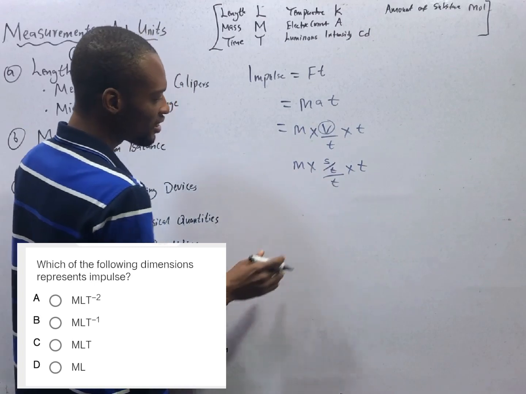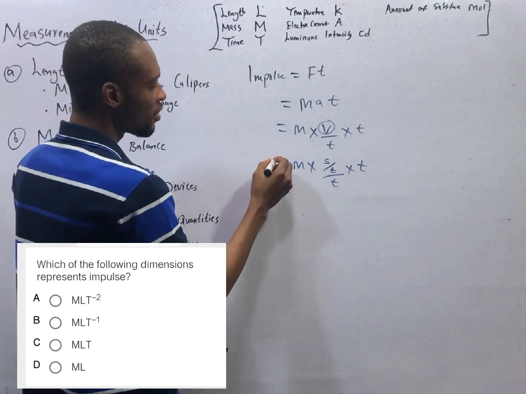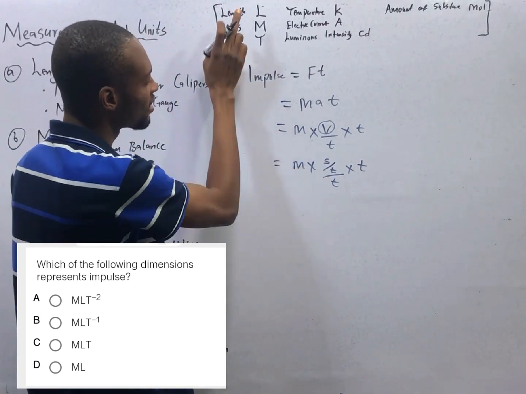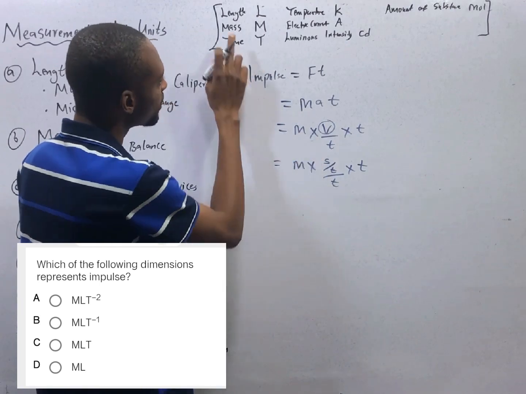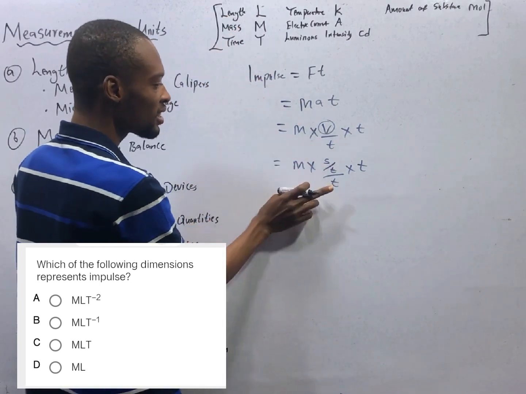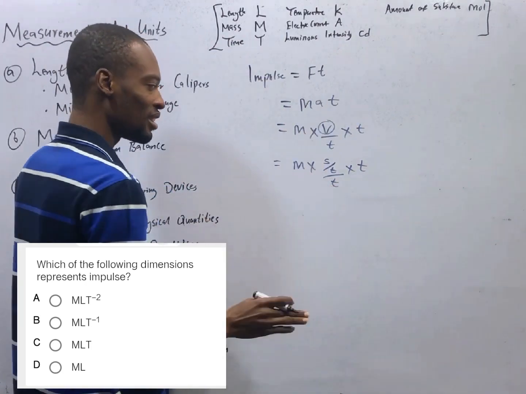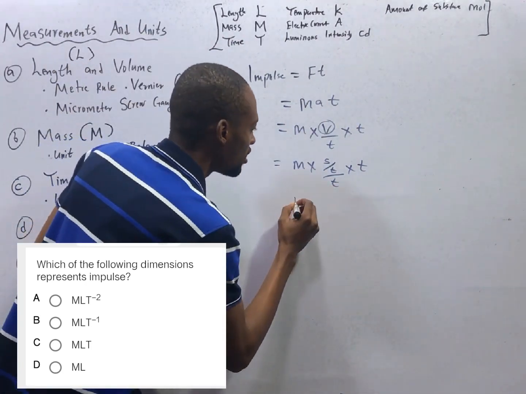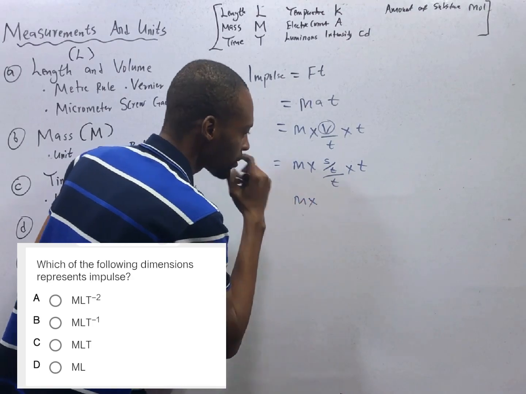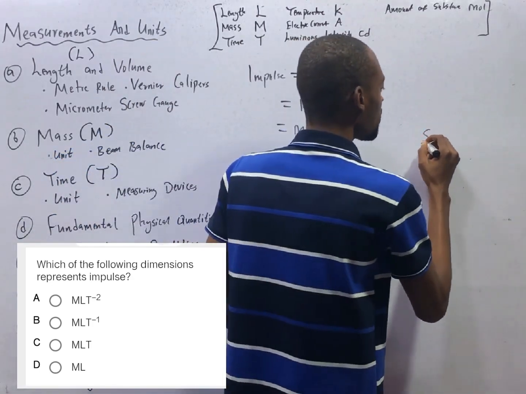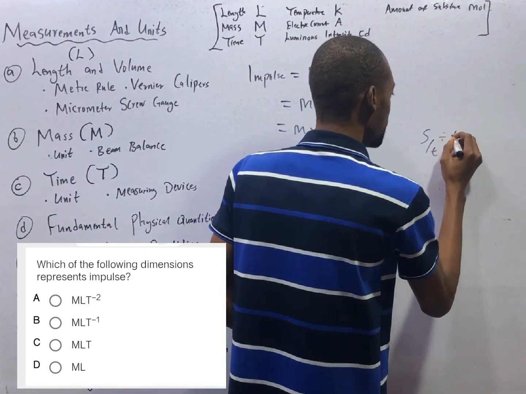So everything here is fundamental: mass, distance, which is displacement, which is length, and time t. We simplify m times s over t divided by t.